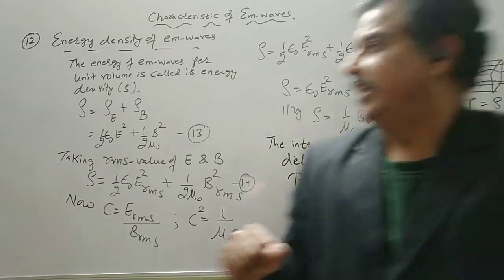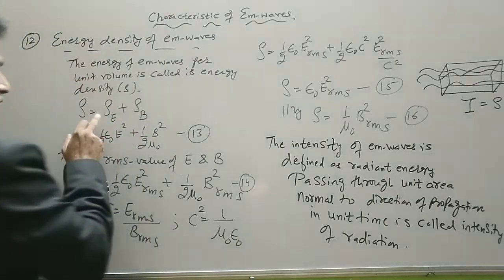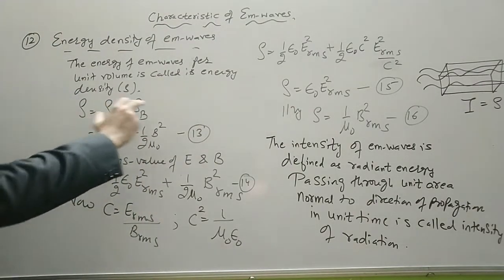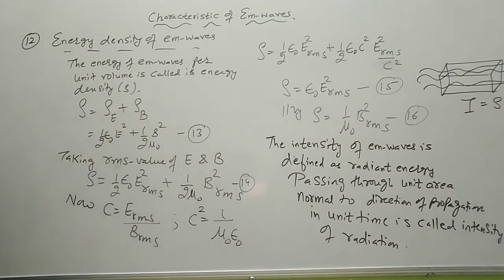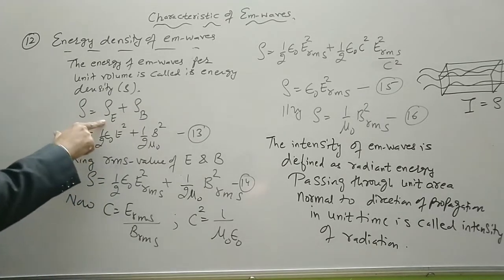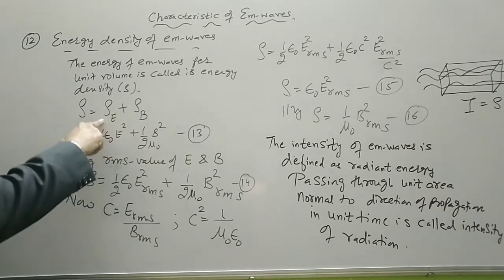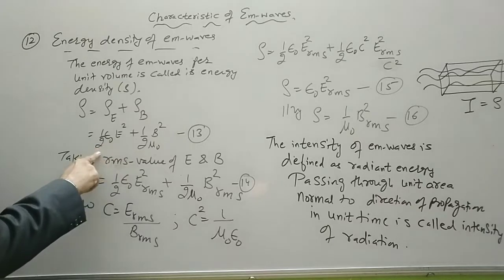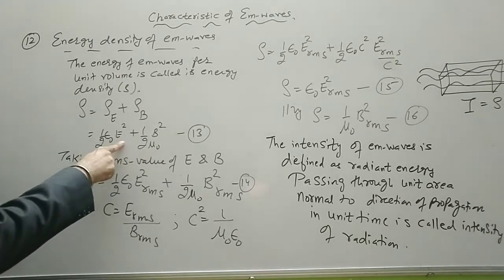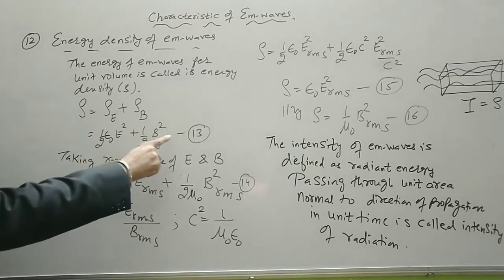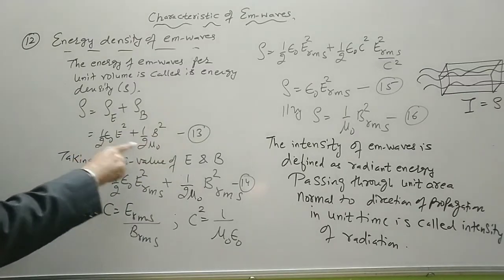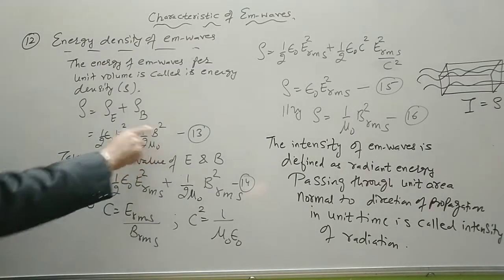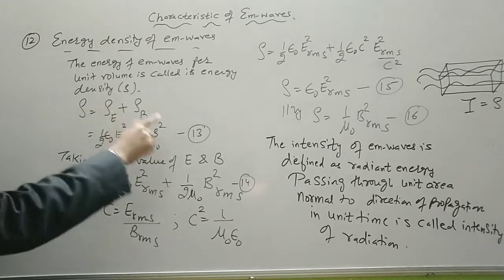The energy density of electromagnetic wave is the energy density of the electric field plus the energy density of the magnetic field. Now the energy density of the electromagnetic wave is half epsilon naught E square, which we have derived for a capacitor. For an inductor, instead of epsilon naught we have in denominator mu naught, otherwise the energy density is directly proportional to the field square.